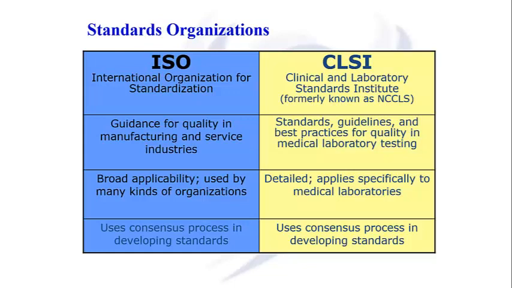We know these standards as ISO. The ISO 9000 documents provide guidance for quality in manufacturing and service industries and can be broadly applied to many other kinds of organizations.